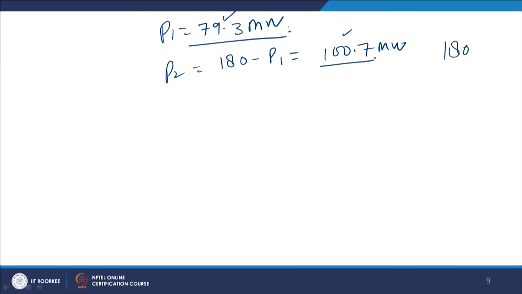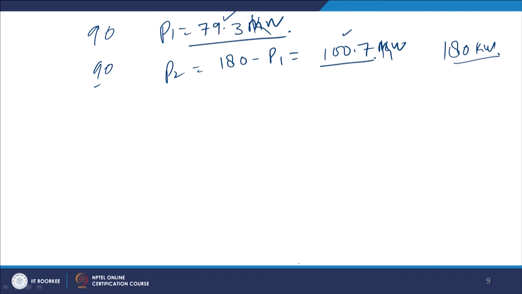It is not megawatt, I think it is kilowatt. So this is this kilowatt and this is this kilowatt, and the total is 180 kilowatt. Now the author wants to know, if we divide the load so that this is 90 and this is also 90, how it is going to affect the fuel cost or the change in fuel consumption.